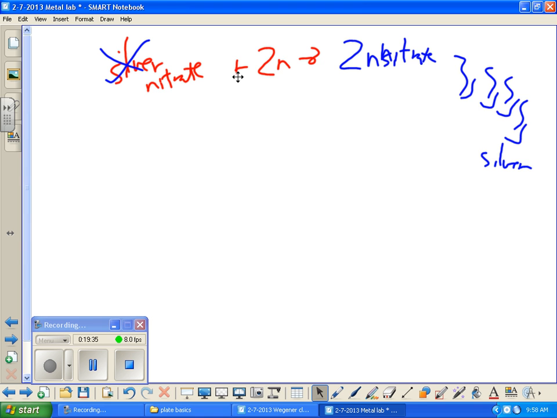The silver atoms that were in the liquid had no place to go, so they just started piling up on that piece of metal. So there's about $5 worth of silver there.